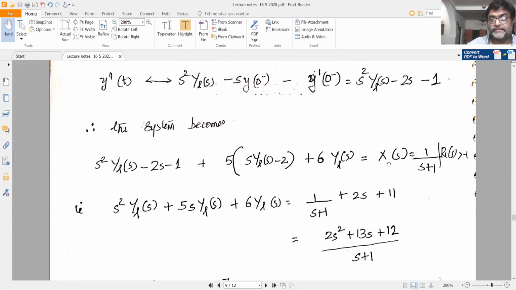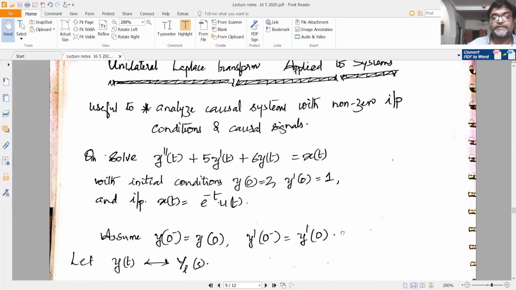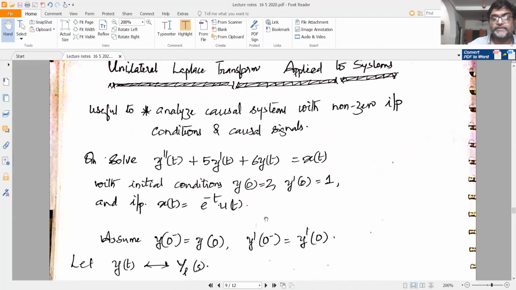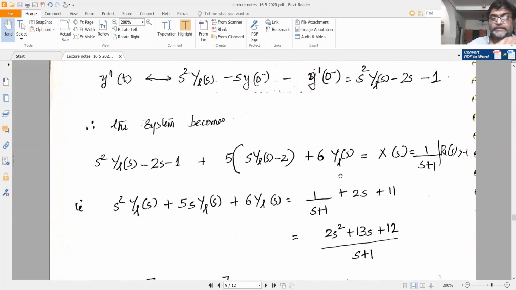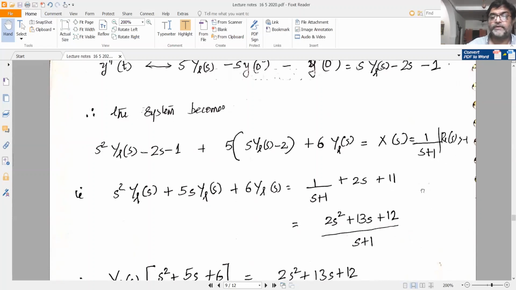So read this as xl of s. And what is xl of s? X of t is equal to e raised to minus t into u of t. So therefore, xl of s is equal to 1 by s plus 1, with the region of convergence real part of s greater than minus 1.